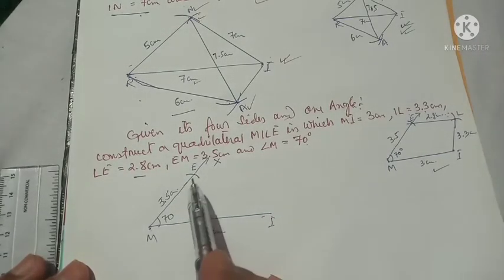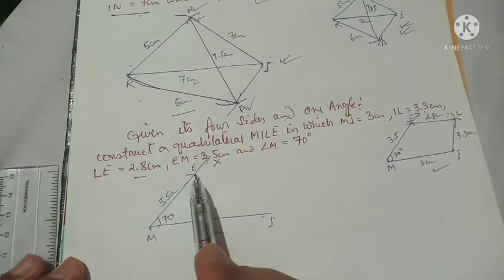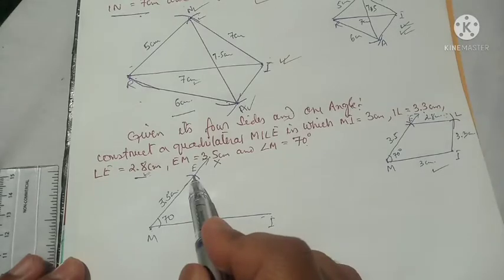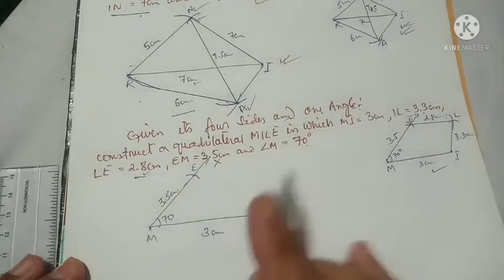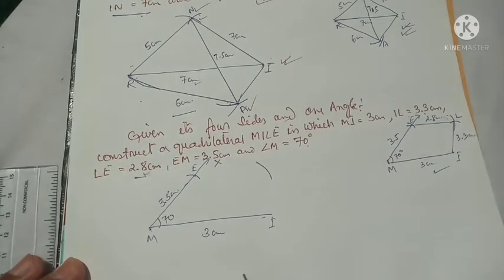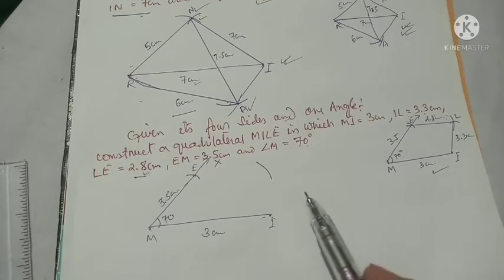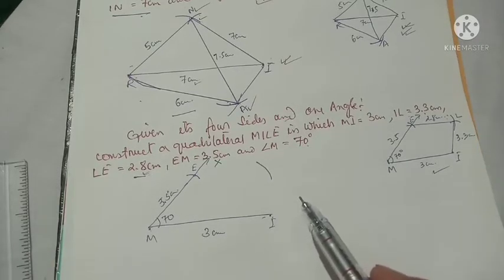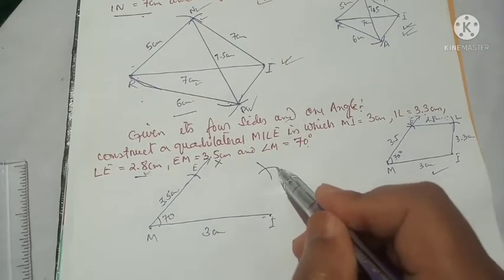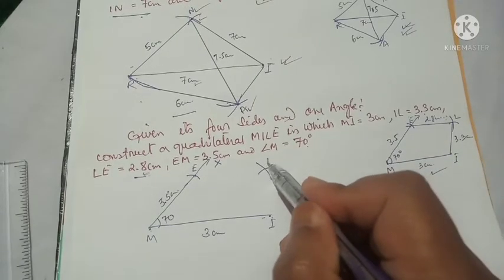Okay, and then again from point E as center with a radius of 2.8, we draw an arc to the right side of ME, this side. And the last one, taking I as a center with a radius of 3.3, we draw an arc intersecting the arc in step 4 at the point L. Here we draw one arc with 3.3 radius. We call it L.